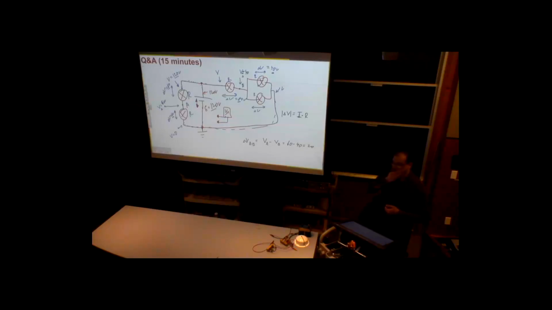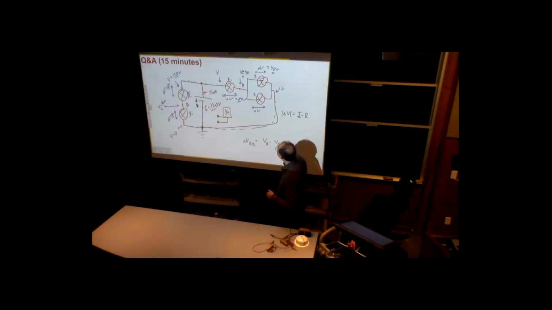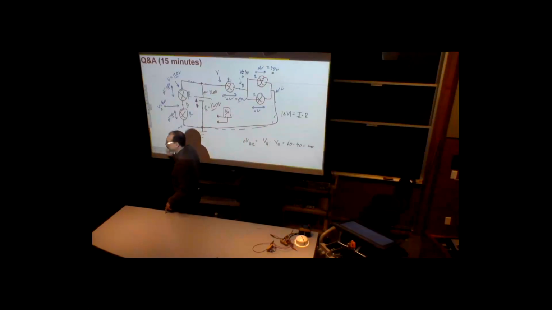Yes? In the two parallel ones on the top right, because the total potential is 4. There is no such thing as total potential. Potential where? If you say potential, you have to say specifically where, at which point. Oh, so the voltage.